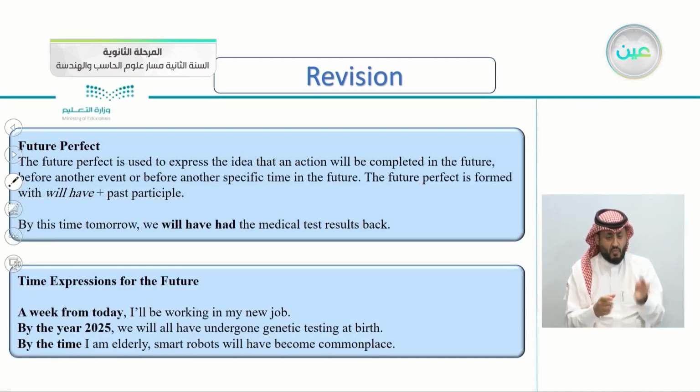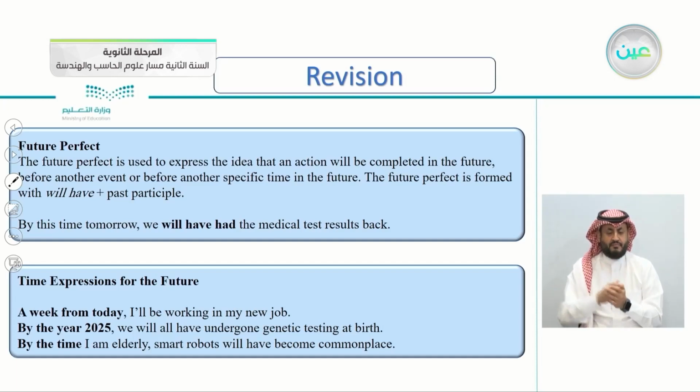So we have two events, two actions, or before another specific time. So an action will be completed before another event, or will be completed before another specific time in the future. And the form of the future perfect is will have plus the past participle.